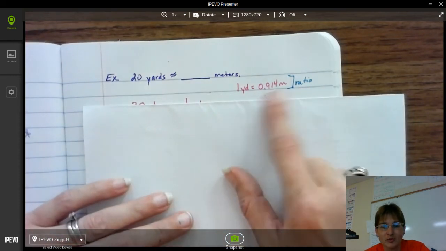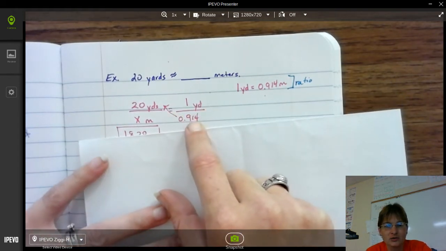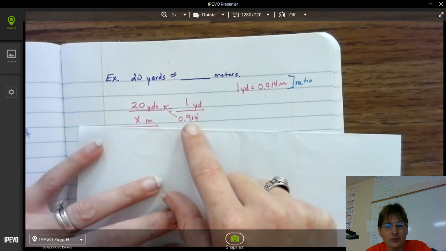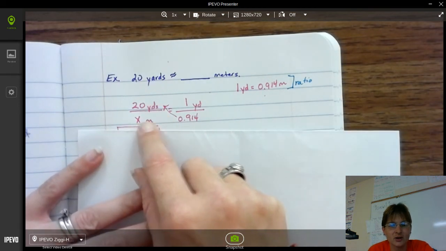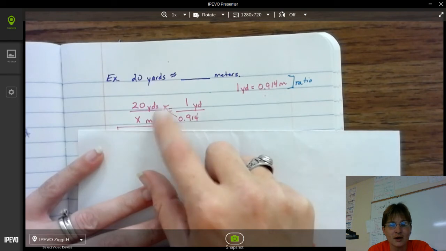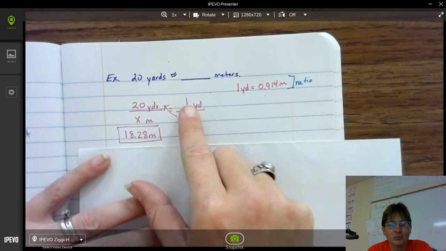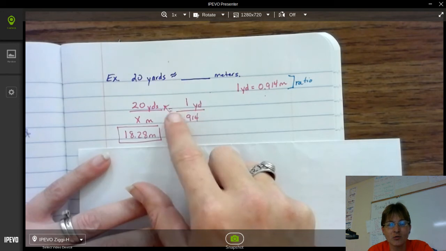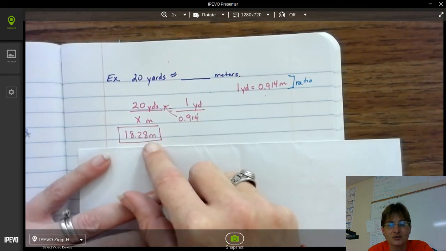So this sets up the ratio where we have 1 yard to 0.914, and we're looking for the 20 yards to meters. When you cross multiply 20 times 0.914, then you get 18.28. Cross multiply x times 1, you just get 1x, which is what you're looking for. So 18.28 meters is our answer.